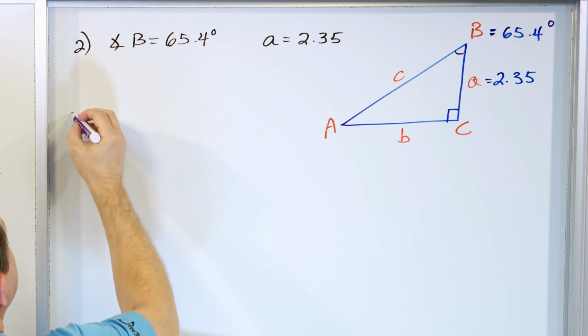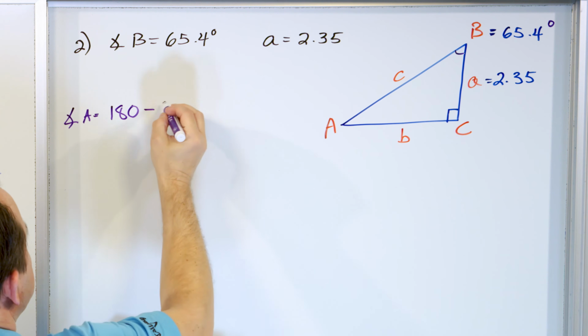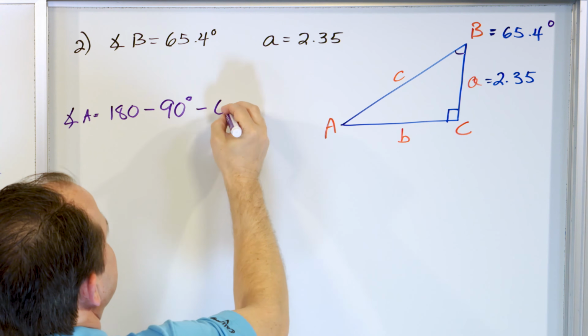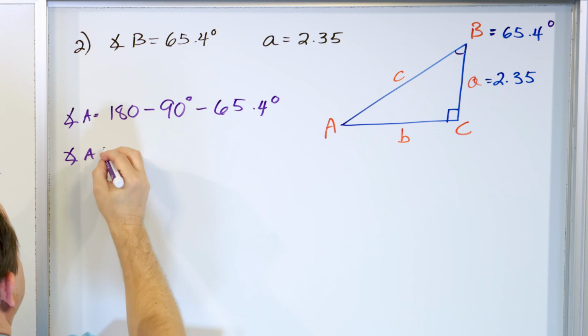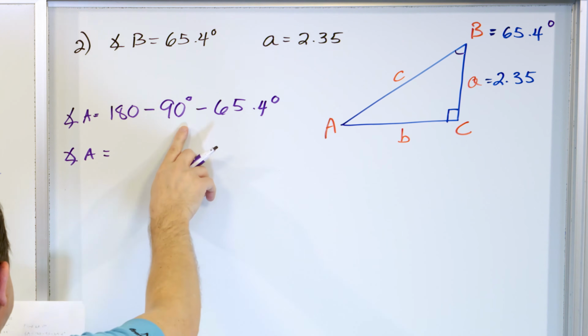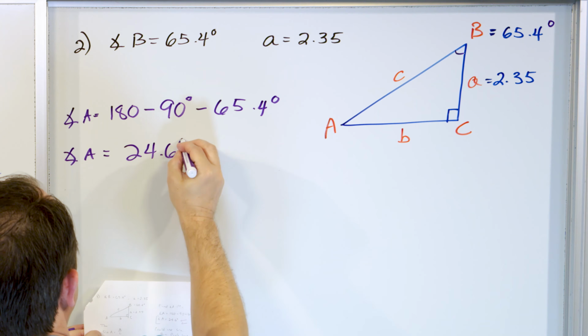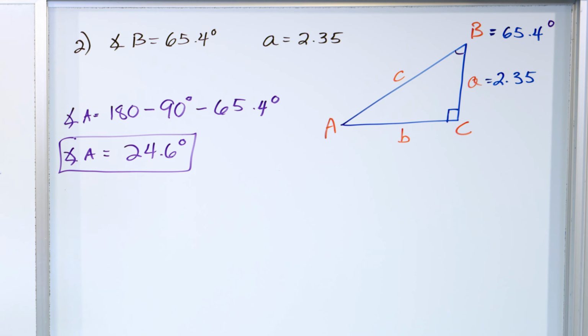So straight away I can just say that angle A has got to be equal to 180 degrees minus the 90 degrees from here, and then minus 65.4 degrees. So angle A, straight out of the gate, when you take 180 minus 90 minus 65.4, you get 24.6 degrees. And you don't have to do any sines or cosines for that. It's done.